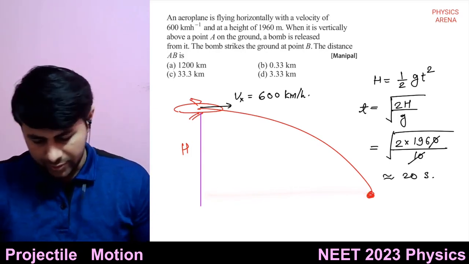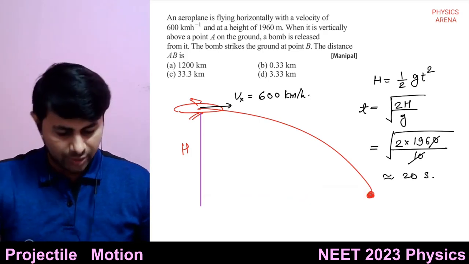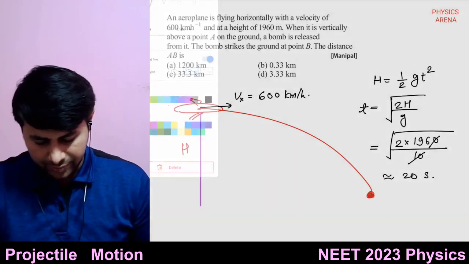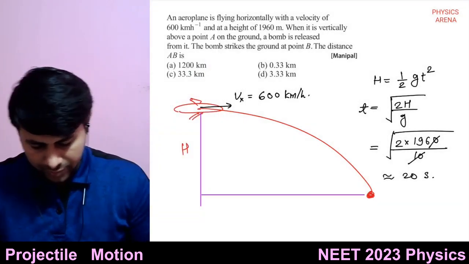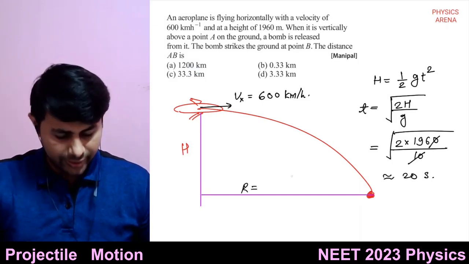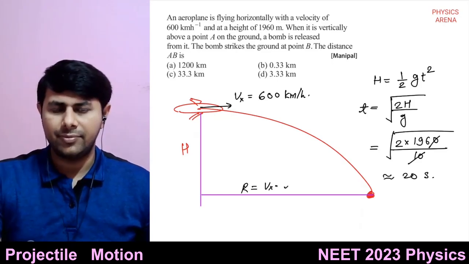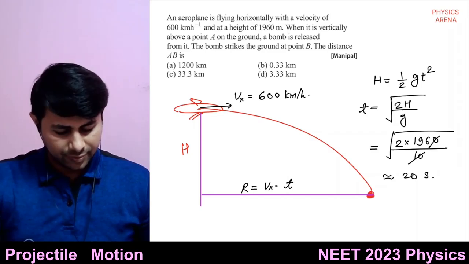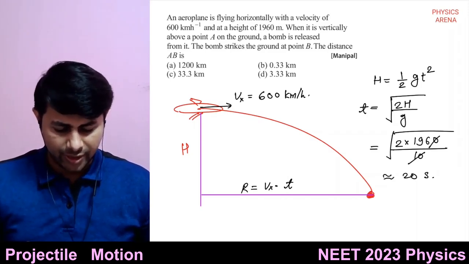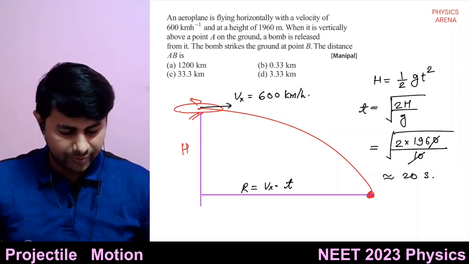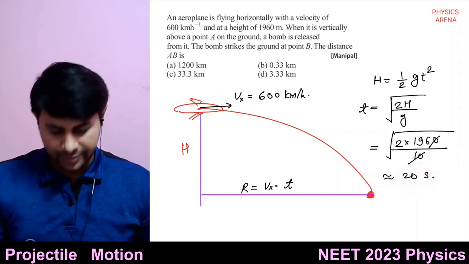So how will you find horizontal distance? Let's call it r. So r will be equal to what? It is Vx multiplied by this time, right? So it is 600 kilometers per hour, and everything is given in kilometers. So we have to convert this time into hours.